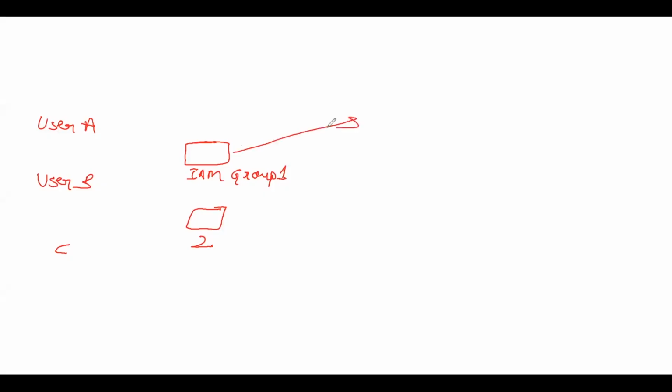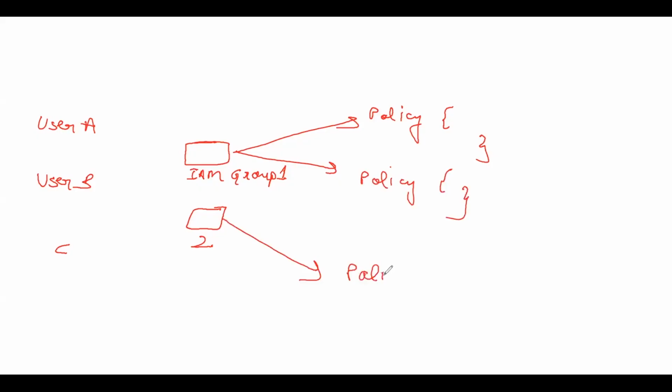For this particular IAM group as well, I have one policy over here which defines something. Then I have another policy that defines something else. Similarly, this has a separate policy altogether, which also has some definition associated with it.